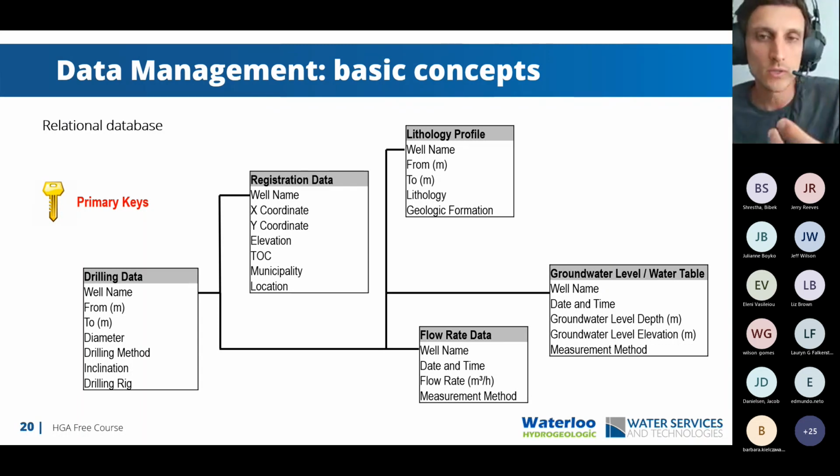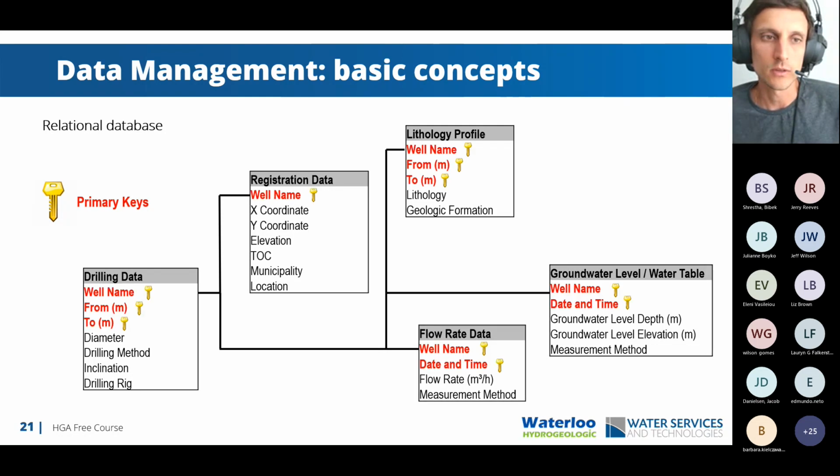So you want to have more data for the same well name, but the only rule here is that you cannot have two different measurements for the same date and time for that specific well name. That's why these two columns become the primary key. Again, it's a little hard to understand when you first see it, but once you start working more with data, it gets more familiar.